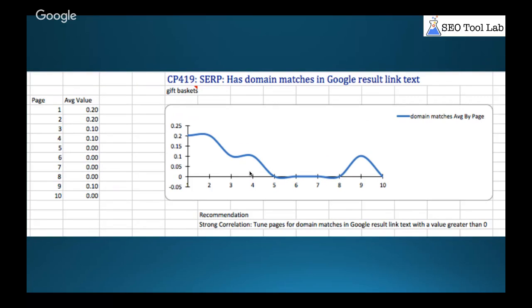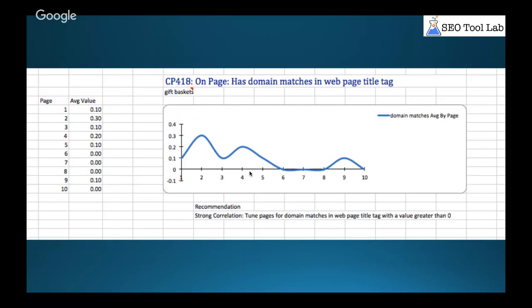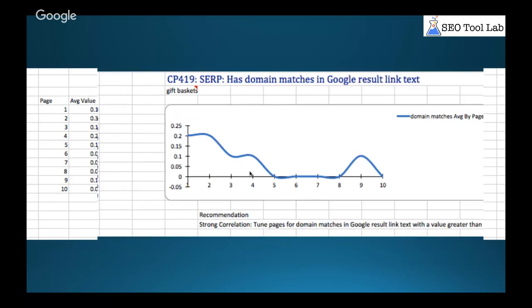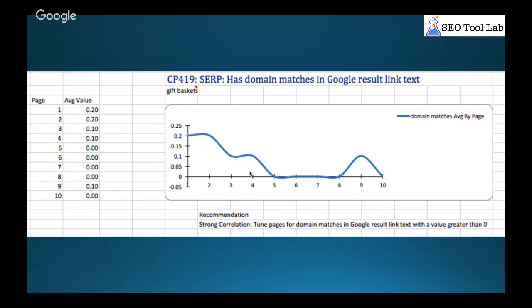Here we have domain matches in the Google result link text. With this one, I wanted to find out whether or not Google was putting the domain into the title for you. So here we have domain matches in the title tag, and here's domain matches occurring in the link text of the Google result.